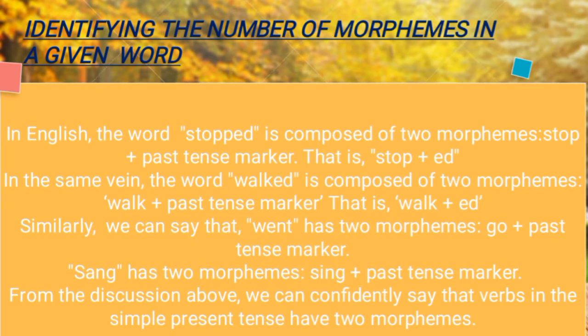Similarly, we can say that went has two morphemes: go plus past tense marker. Sang has two morphemes: sing plus past tense marker. From the discussion above, we can confidently say that verbs in the simple past tense have two morphemes.